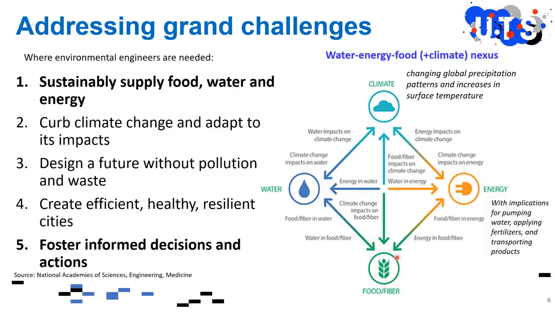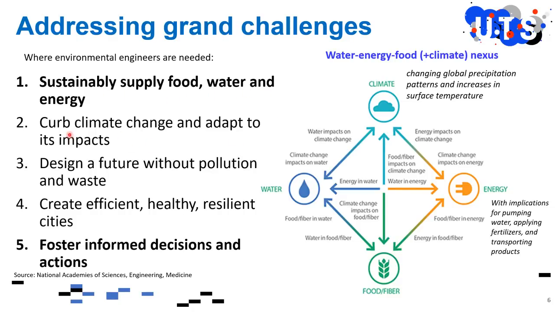The food as well is affected by the climate change, the changes in temperature, the drought, for example, or too much rain will affect how much food will be produced. So all of these are quite interconnected with each other, and the grand challenge is how to be sustainable, to have an indefinite supply of food, water, and energy in the future.